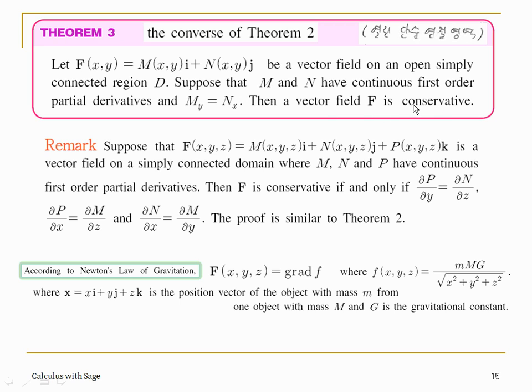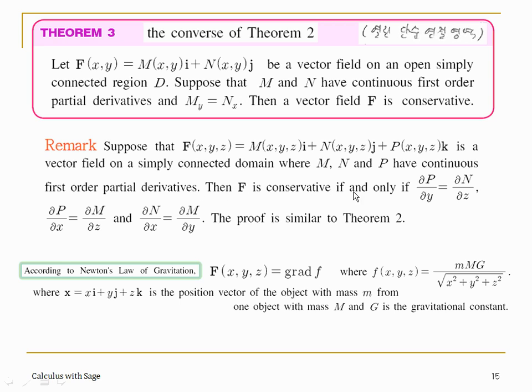If this works, then we can do many things. Here's one remark. Suppose F of xyz is Mi plus Nj plus Pk, a vector field on a simply connected domain where M, N and P have continuous first order partial derivatives.